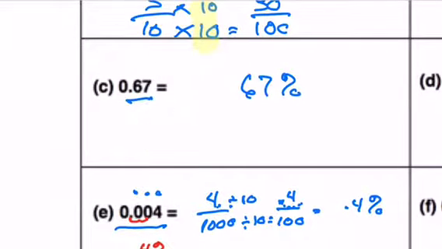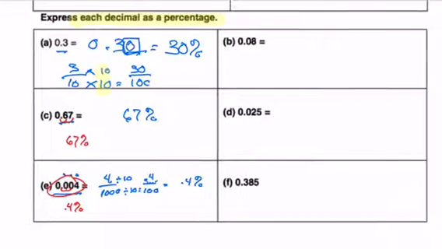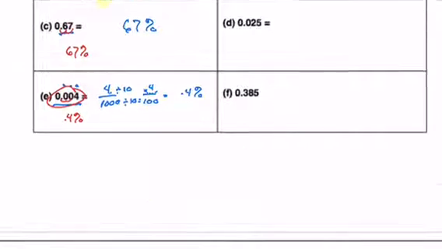Up here, we saw if we move the decimal 2 places, we would have 67%. Some people say, well, moving the decimal 2 places, that's just multiplying by 100. That's true. If you multiply by 100, you can turn the decimal into a percent. I'd prefer that you think about the hundredths place and the thousandths place, though. It makes you more fluent, makes you understand what's going on.